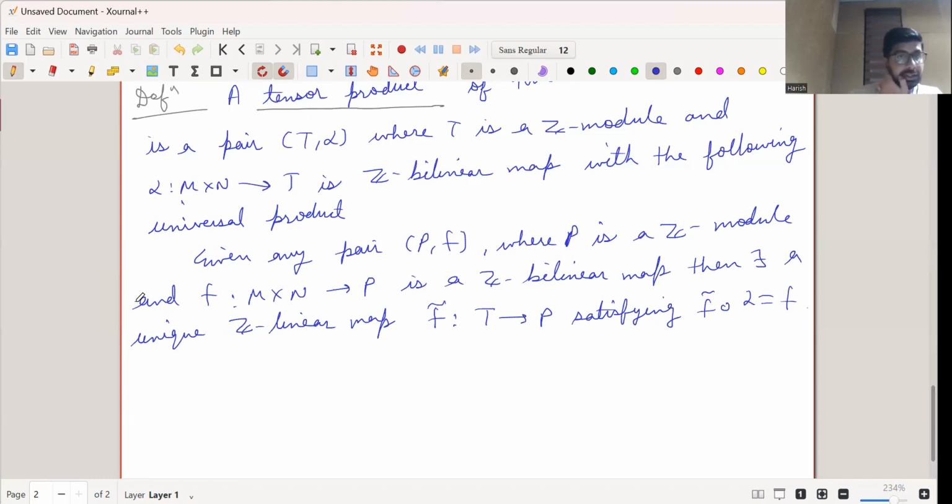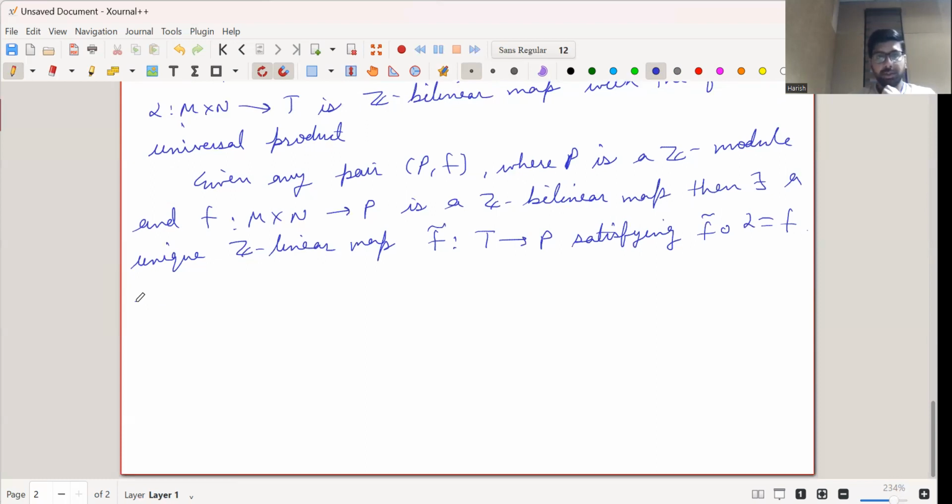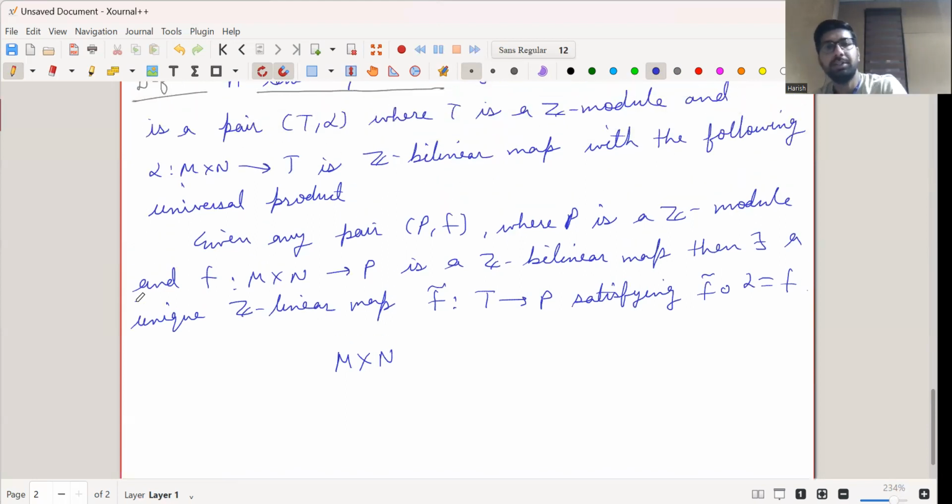So what is the situation? You have M cross N, given modules M and N. So you have the tensor product. Tensor product is a pair T, alpha, where T is a Z module and alpha is a map from M cross N to T. Then for any given pair P, f, where P is a Z module and f is a map from this M cross N to P, there exists a unique Z linear map.